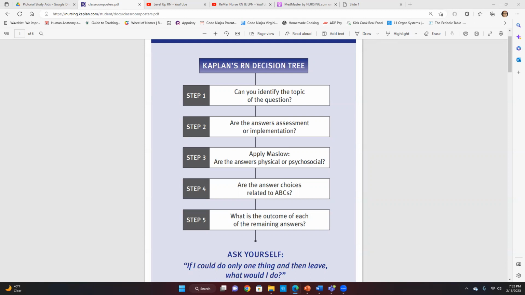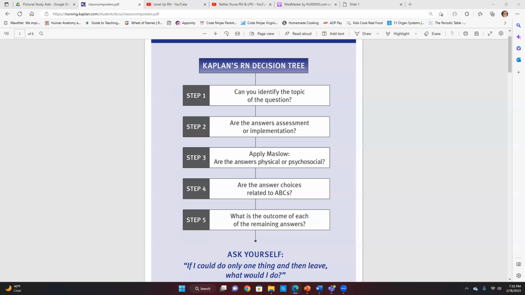So you should be familiar with all of these things. Okay, and as you study, that's your assessment piece. Pupils equal, round, reactive to light and accommodation, and then the 6 cardinal directions of gaze.